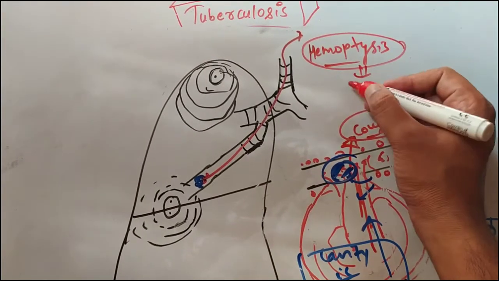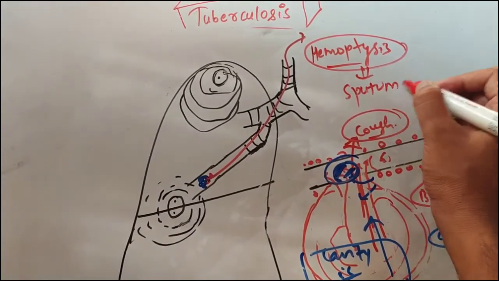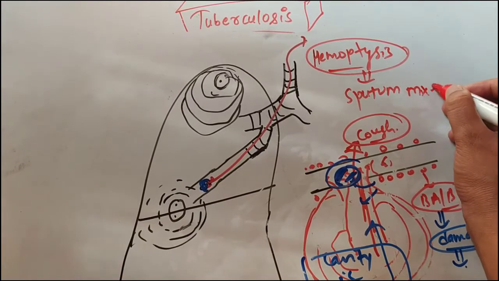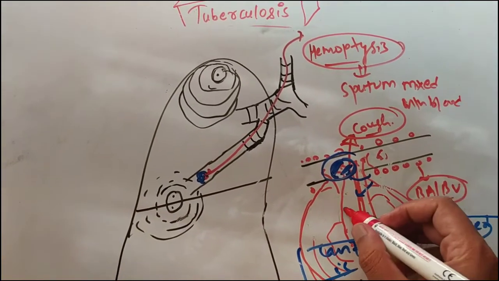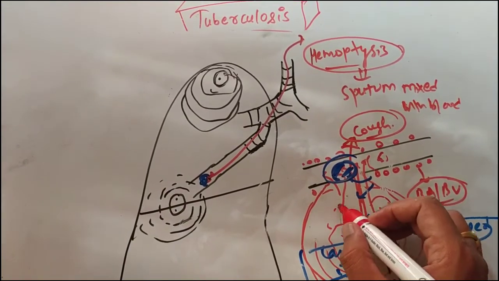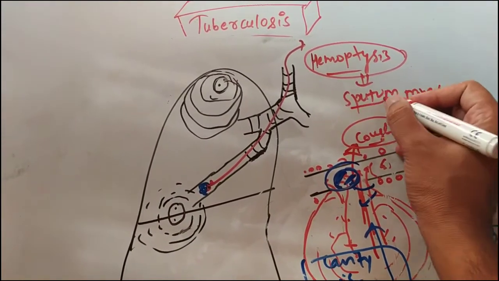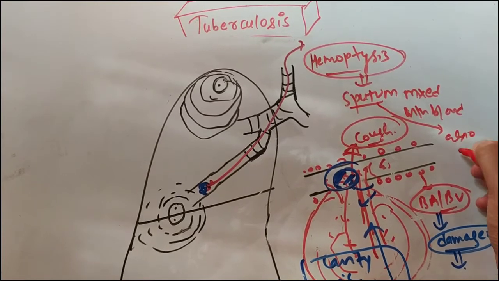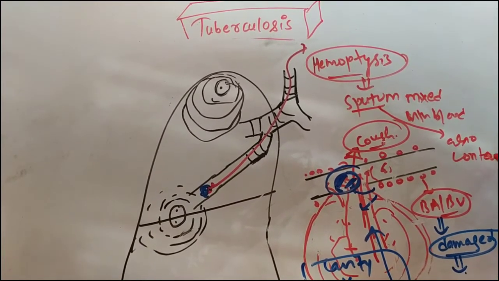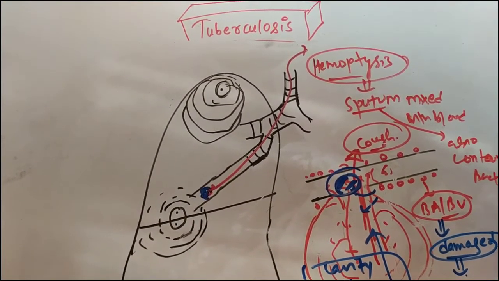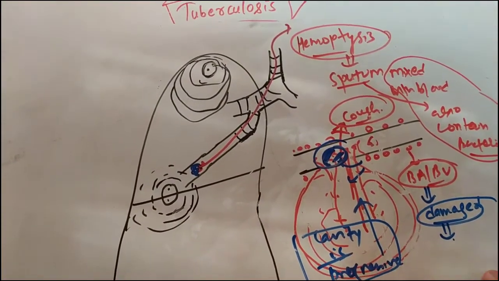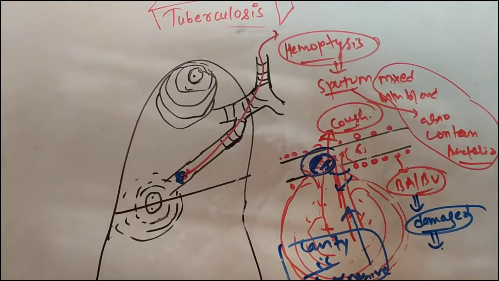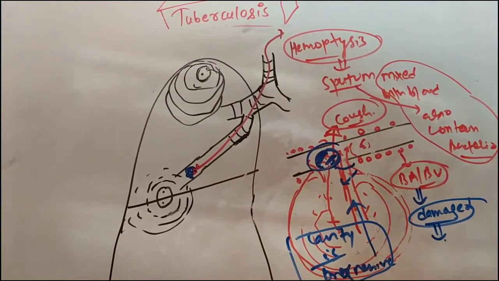So there will be sputum mixed with blood, and this time the bacteria present over the cavity will also be present in the sputum. So this time the sputum also contains the bacteria. As the sputum contains the bacteria, at this time the person will be infective, so he can infect other normal individuals.